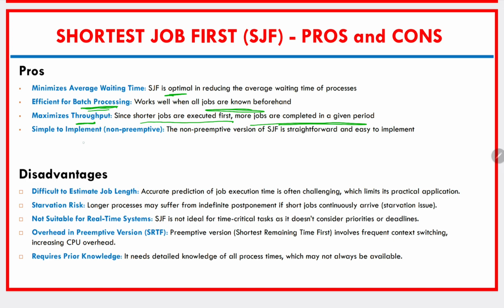Then another thing is, it is quite easy to implement if we talk of the non-preemptive scenario. We have seen this. We need to only look after which job at present is having the minimal CPU burst time and just fetch that job.